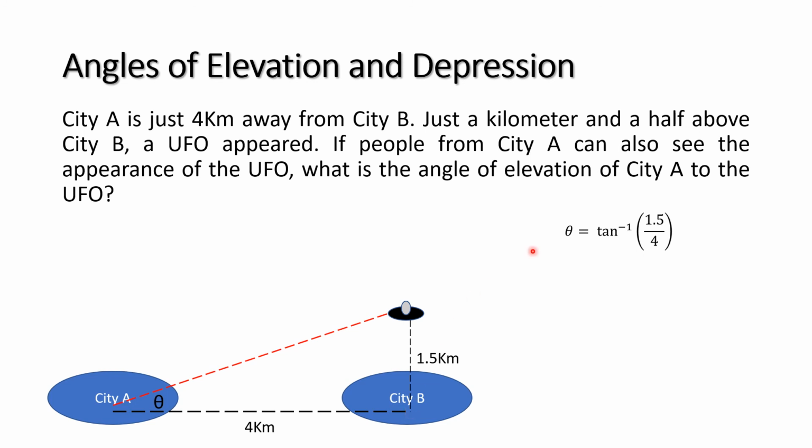So, we can now solve for the angle, that is inverse tangent of the opposite side, 1.5 kilometers, divided by the adjacent side, 4 kilometers. So the angle is equal to 20.56 degrees. So this is the angle of elevation formed from City A to the UFO.